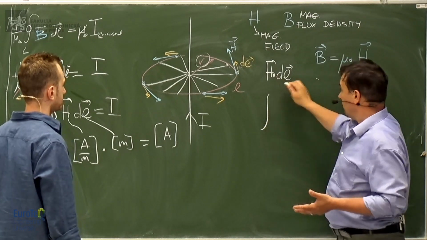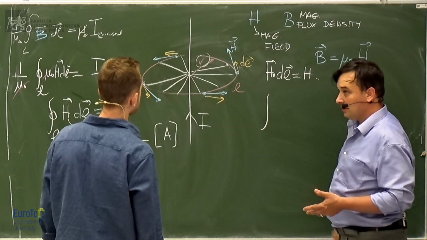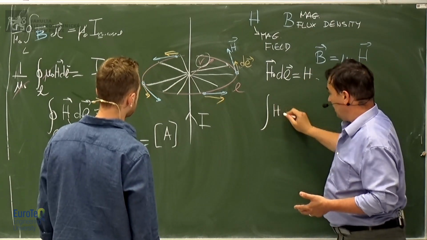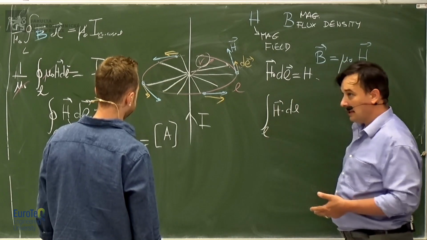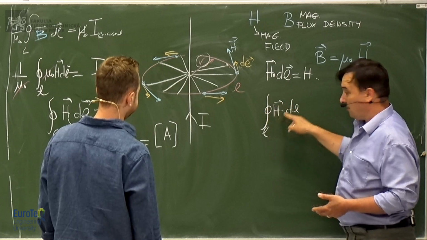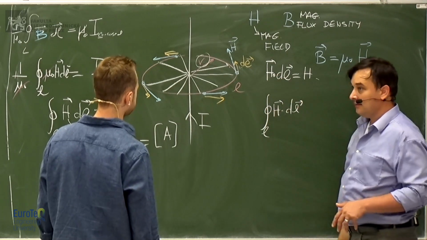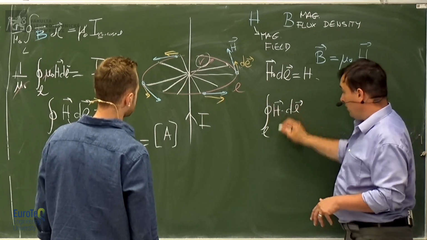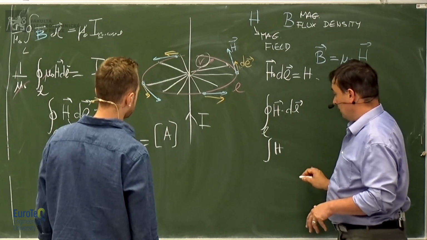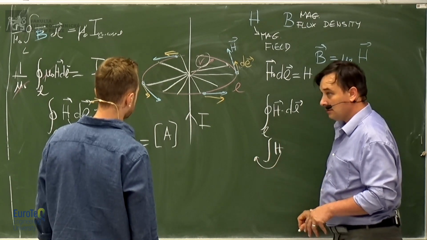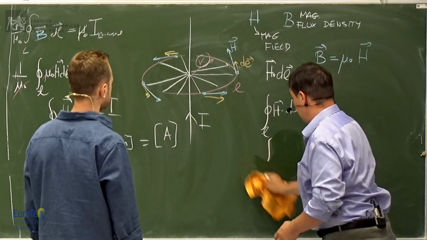So the product will always have the amplitude of H. The integral of H dot dl over the whole line is the integral of a constant, which can be brought out, because we are at the same distance.